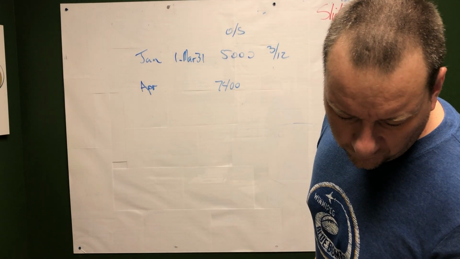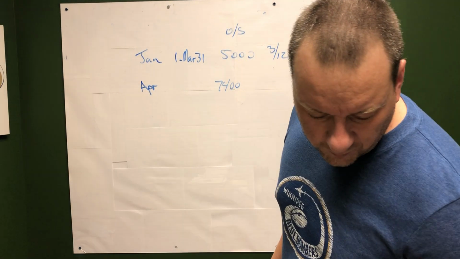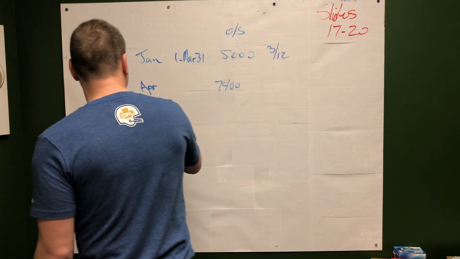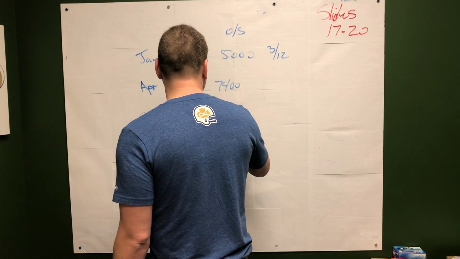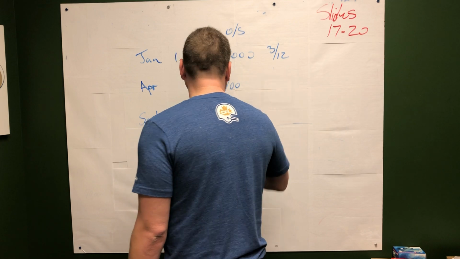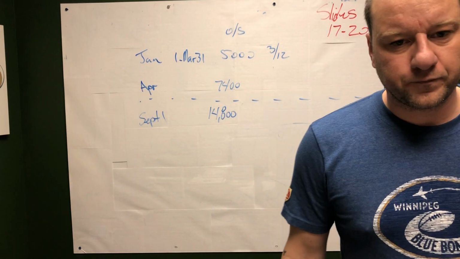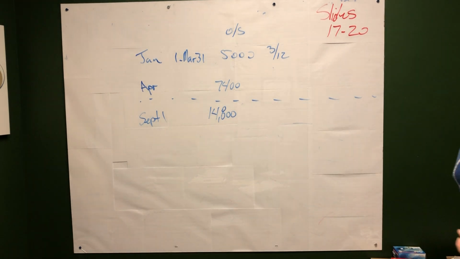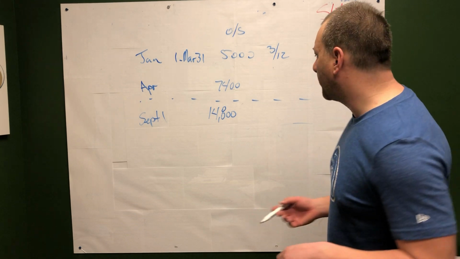Now, on September 1st, the shares are split 2-for-1. So now we have 14,800. Remember, a stock split or a stock dividend has to be treated as though it has been in effect for the whole period.